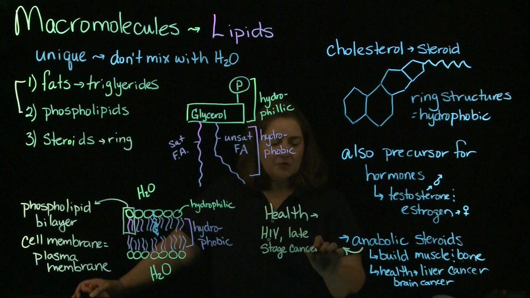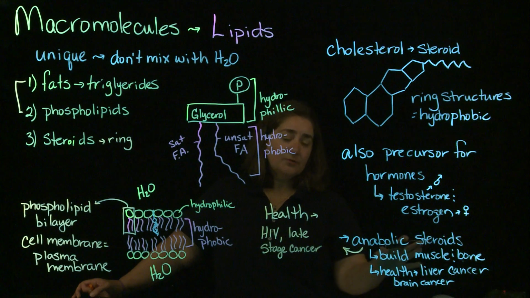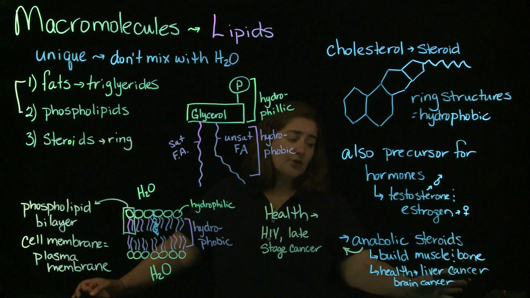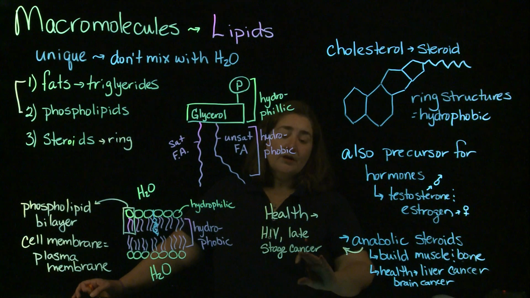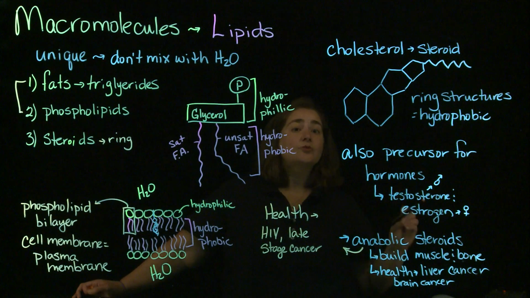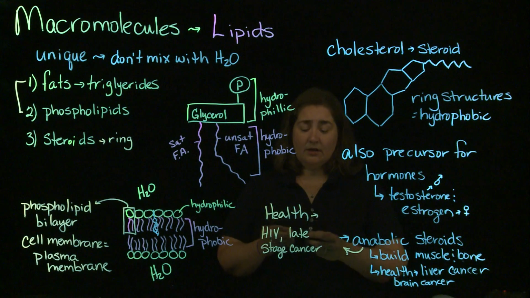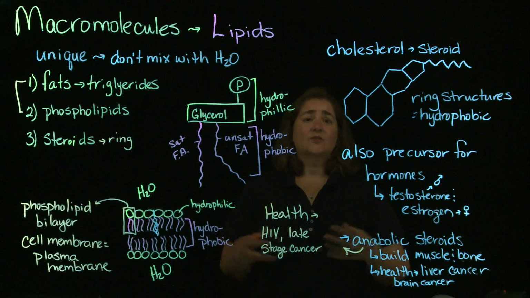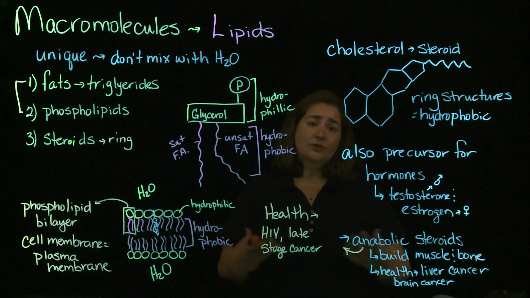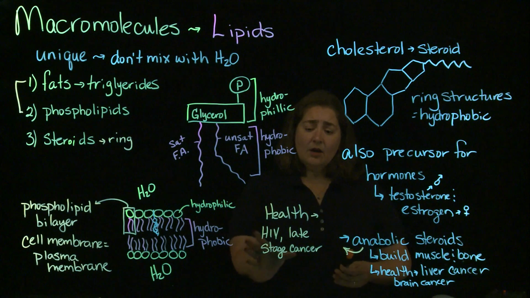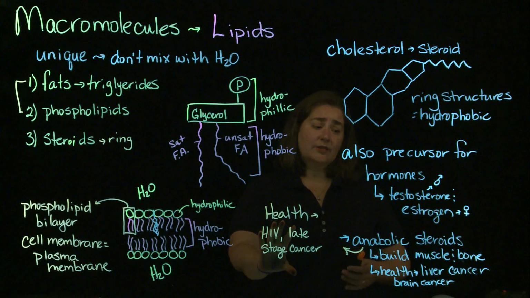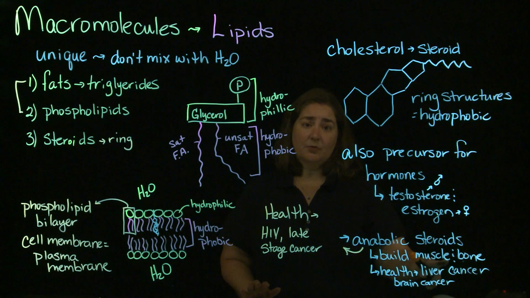Because remember, I told you one of the side effects of using anabolic steroids long-term is cancer. But folks who have cancer due to other causes, so breast cancer, skin cancer, pancreatic cancer, you can pick the cancer. Anabolic steroids build muscle and bone.